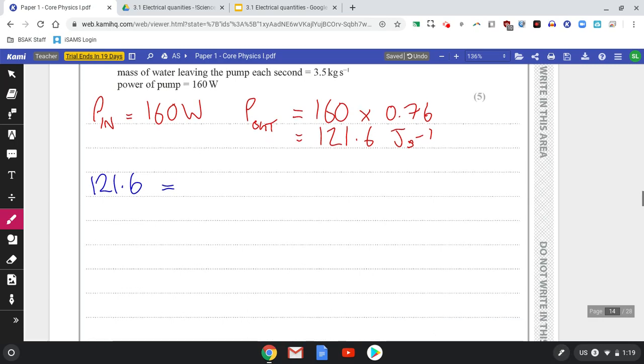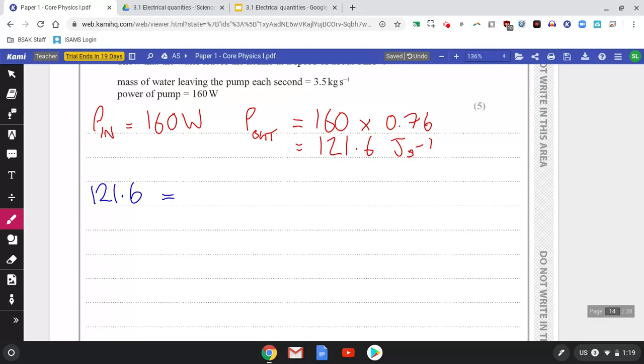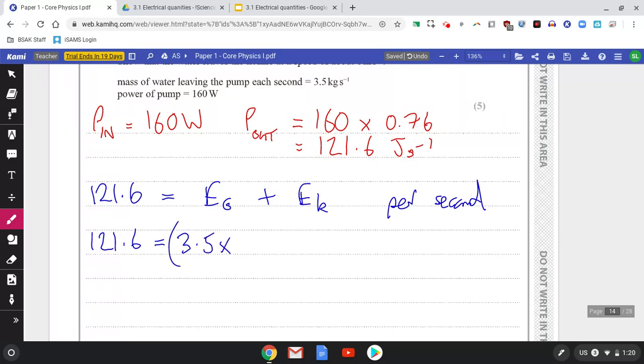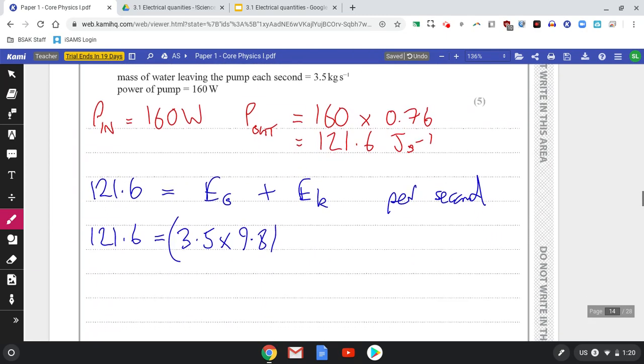So let's write it out first. We've got GPE per second plus kinetic energy per second. So 121.6 equals, let's do the gravitational first: the mass per second, 3.5, times 9.81, times the little height it goes up, 0.45.